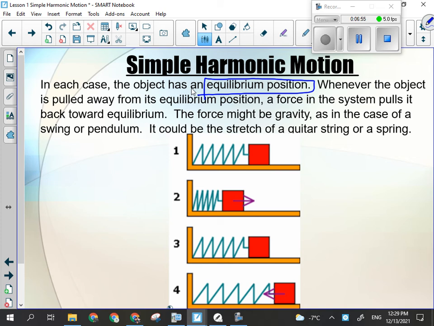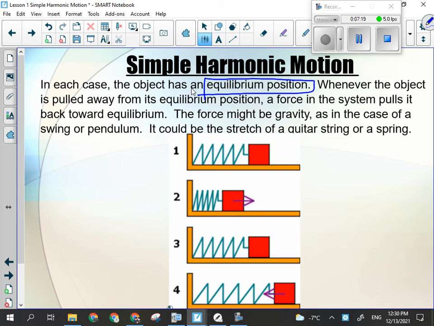In order for simple harmonic motion to occur, that force has to vary linearly with the displacement from equilibrium. So if I pull a guitar string 2 millimeters away from equilibrium, I would use, I'm just making up a number here, 3 newtons worth of force.